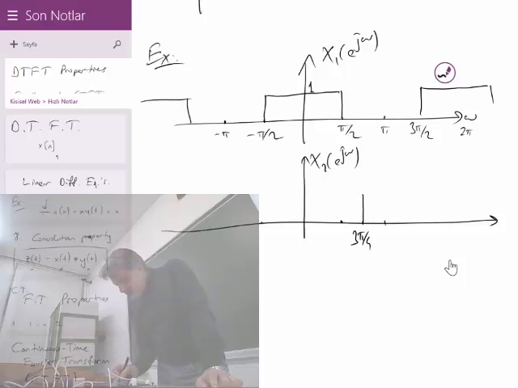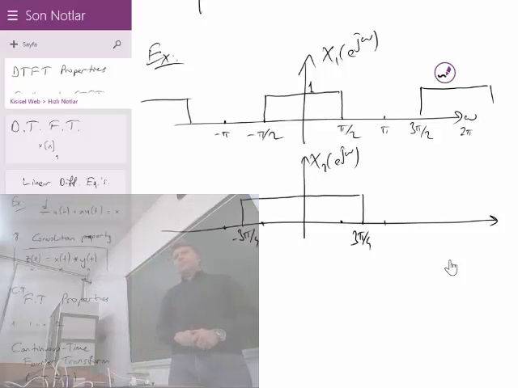So this is minus pi over 2, minus pi, and it's up to here, minus 3 pi over 4. It is 1. So it's a wider band low pass signal.